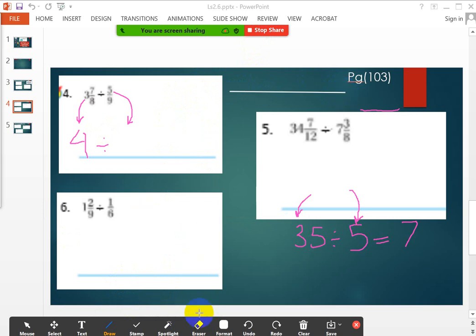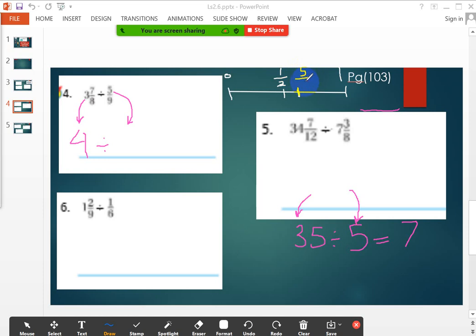Okay, I want to use compatible numbers. Compatible numbers. 0, 1/2, and 1. If I want to locate 5/9, 5/9 will be right here.